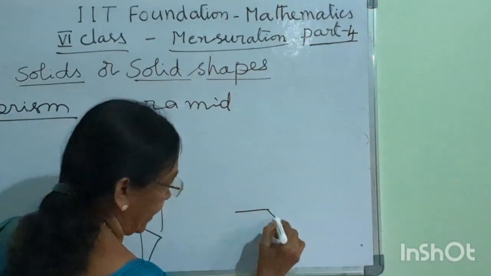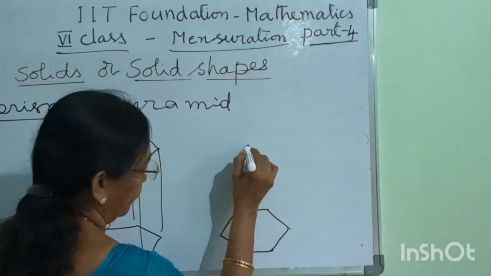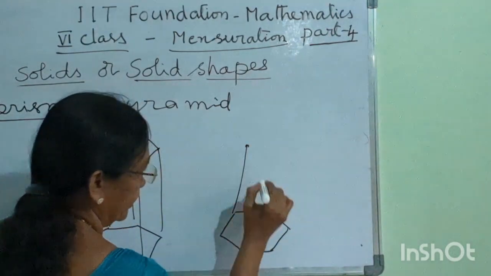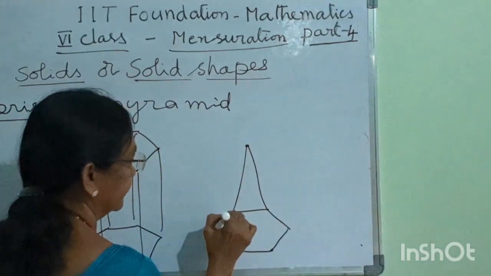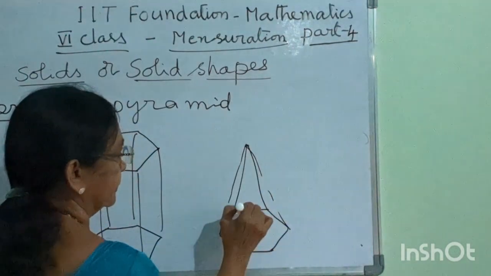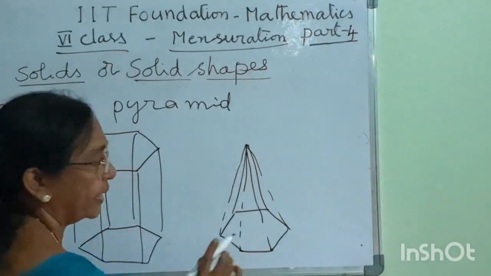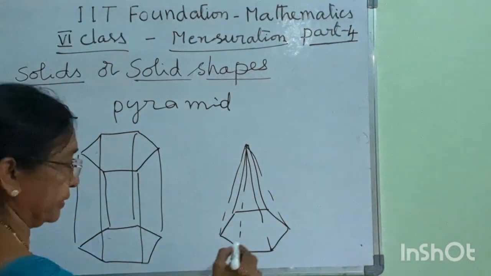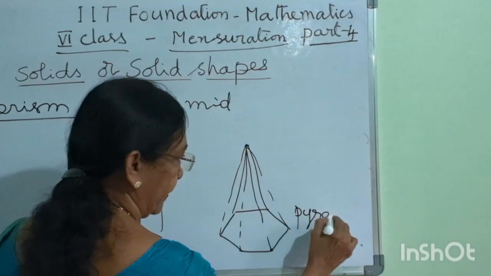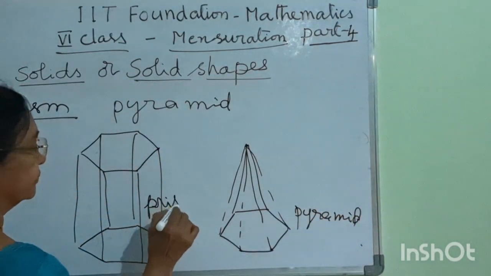Suppose we want a hexagonal pyramid, it will be like this. Take a point and draw. This is a hexagonal pyramid, and this is a prism.